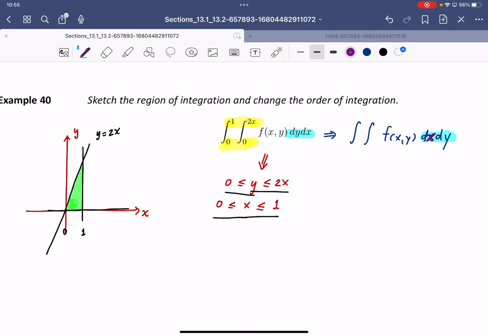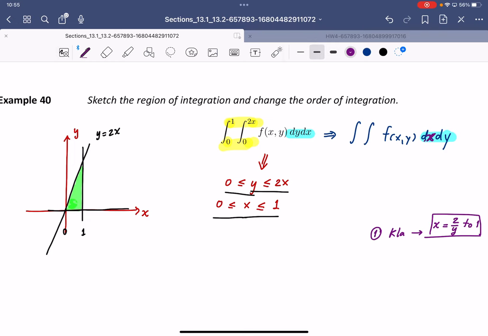So for those of you who cannot follow, the first choice is from Supanat. x from where to where? 2 over y to 1. Anyone else?